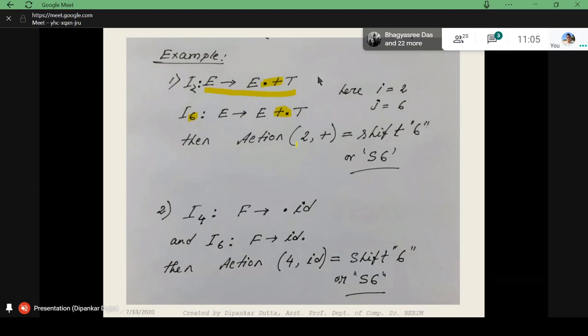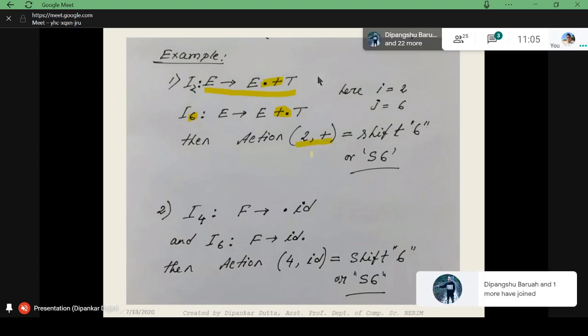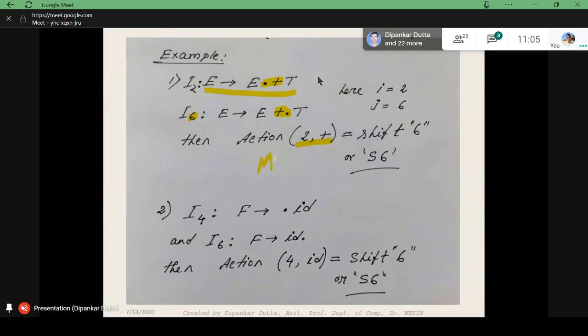will be for 2 plus. That is, in M 2 plus, what do we have to write? S6.